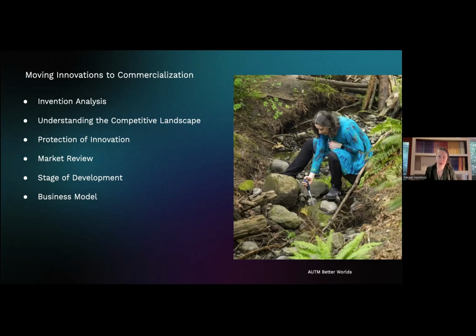When it comes to working with angel investors or seed funding, one of the things we want to think about is making sure that the value proposition is extremely tight. So you don't want to just say something like, I'm going to create clean water for my community.